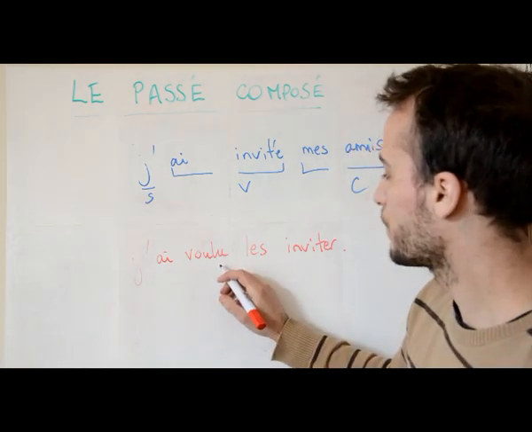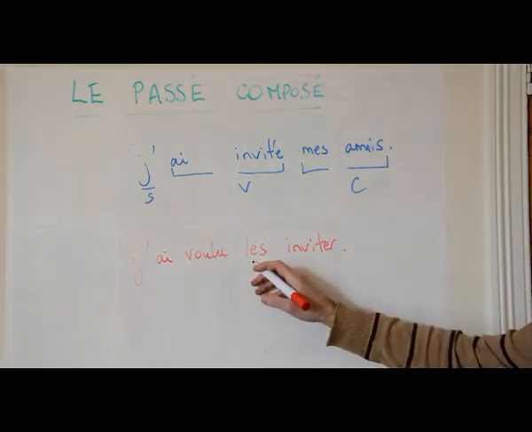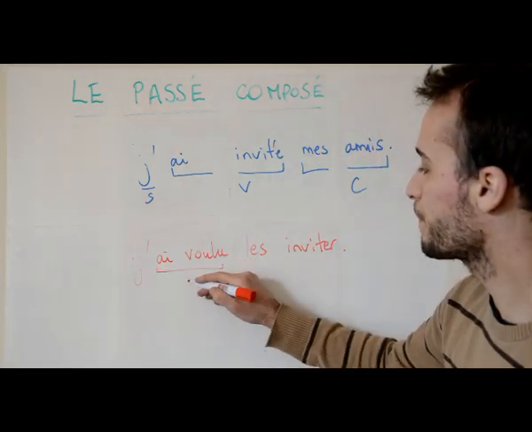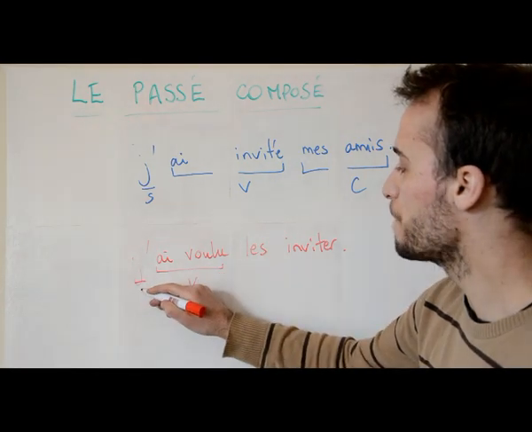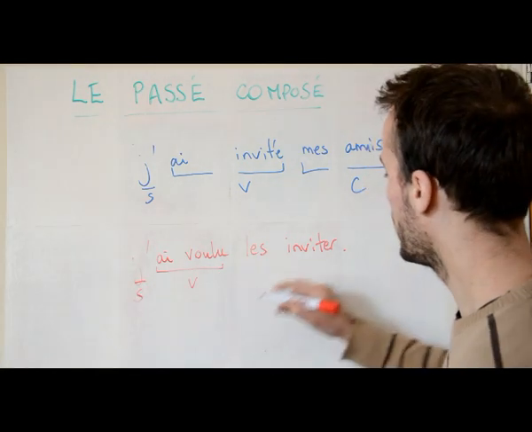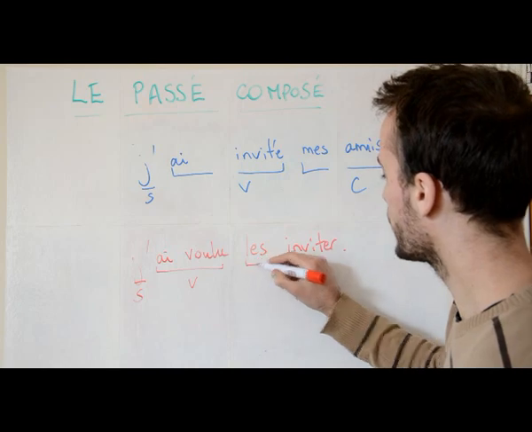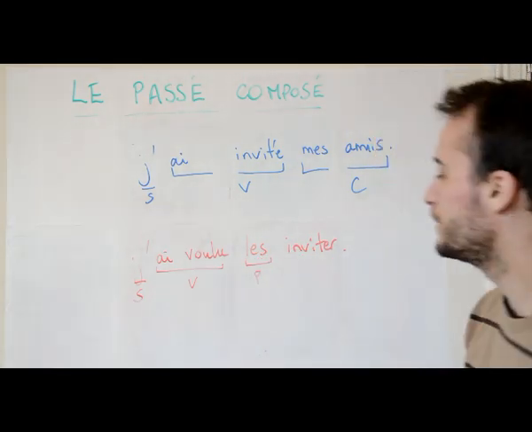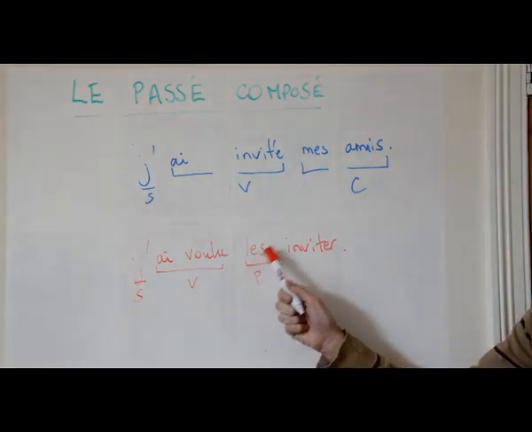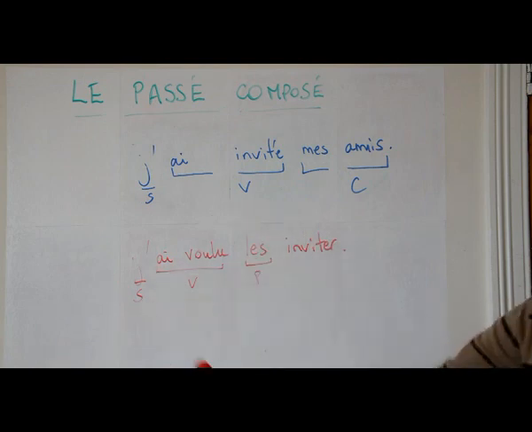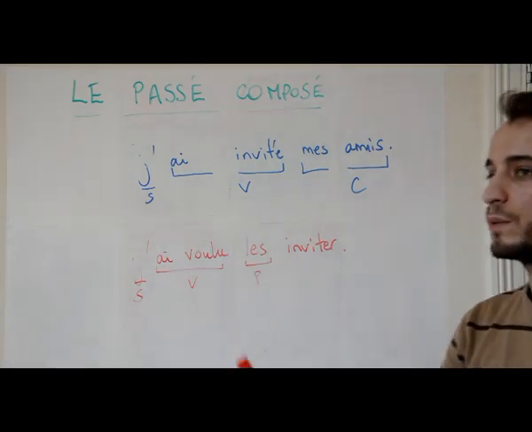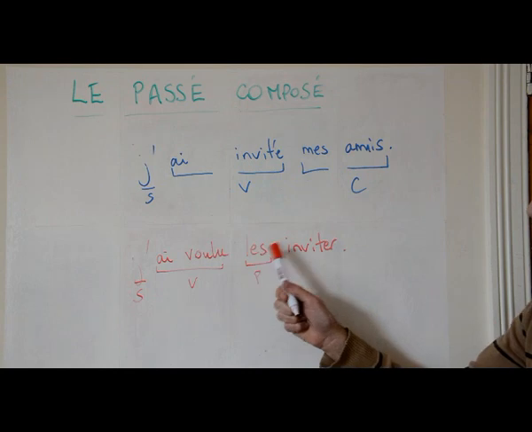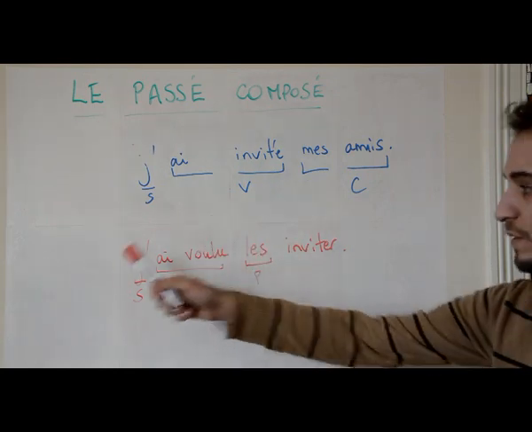So I wanted to invite them. And obviously the pronoun is related to this verb, not to this verb. So it's not I want them, it's I want to invite them. So invite them, not want them.